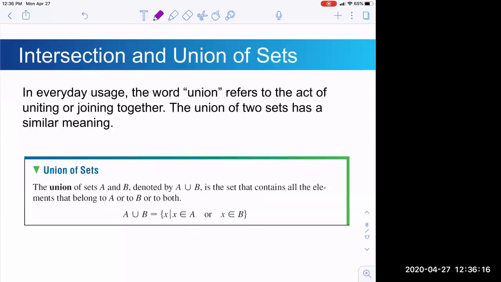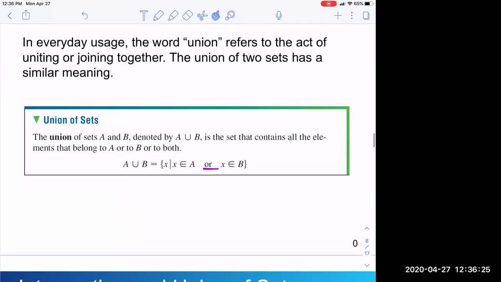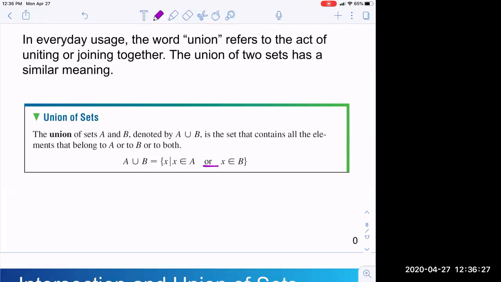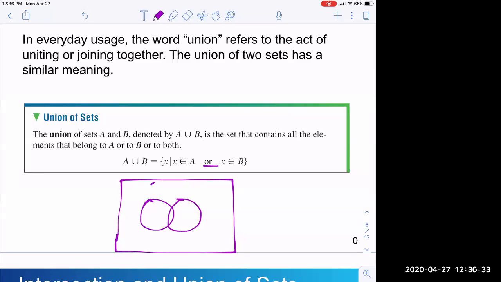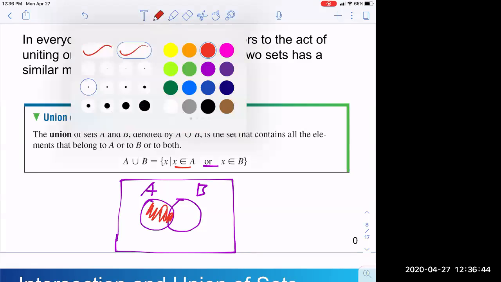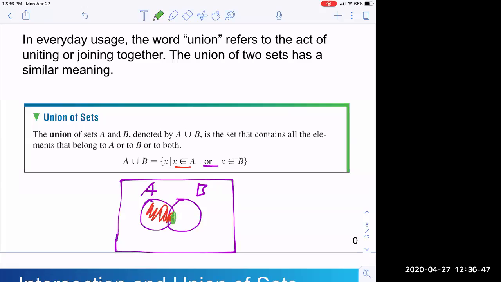Okay, union, we're putting stuff together. It's the word or. So again, if I look at the Venn diagram, here's A, B. Well, we're going to take the stuff that's in A, which is this, or the stuff that's in B, which would be this.